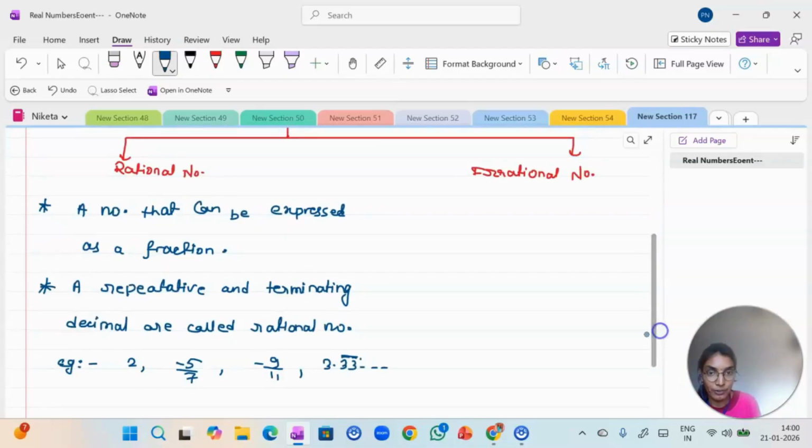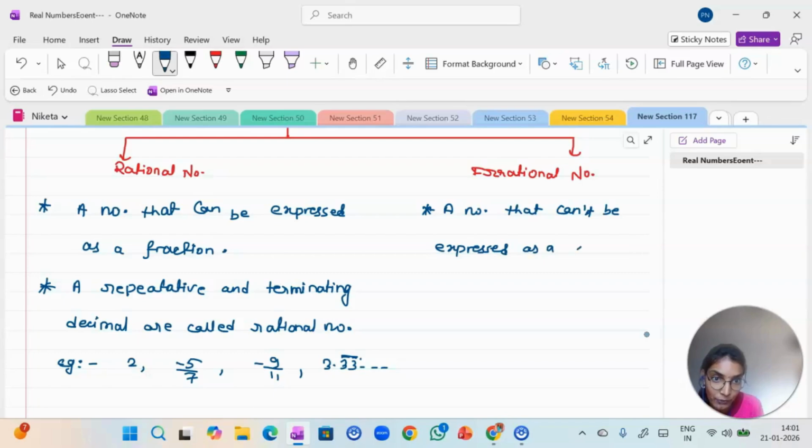Now let's talk about irrational numbers. Irrational numbers are those numbers that can't be expressed as a fraction. Also, irrational numbers are those numbers which are non-repetitive as well as non-terminating.